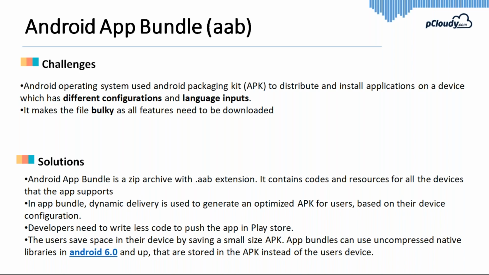Now, if I have a Samsung phone with a large screen, and I am a user from India who deals with the English language, I really do not need Russian or Japanese or any other languages from different continents, right? I do not need the application to support other processors which I'm not using on my device, right? So basically, this is what the AAB file does.